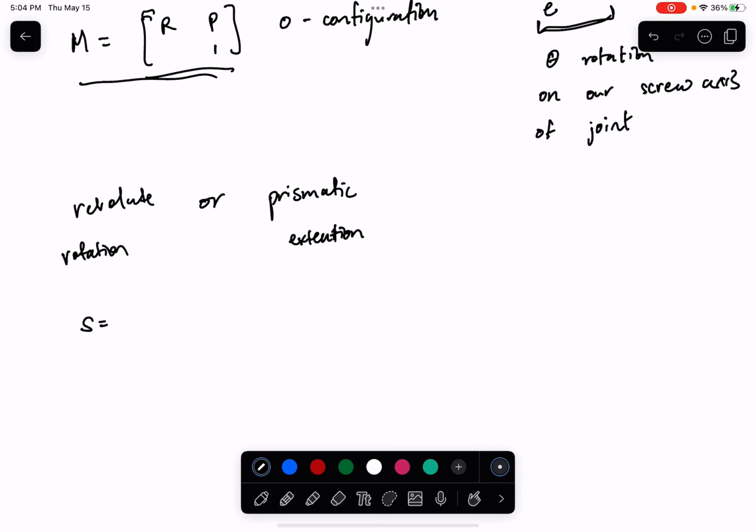Our S is typically written as a screw axis omega and a velocity component v.